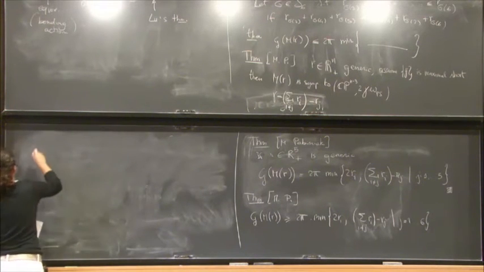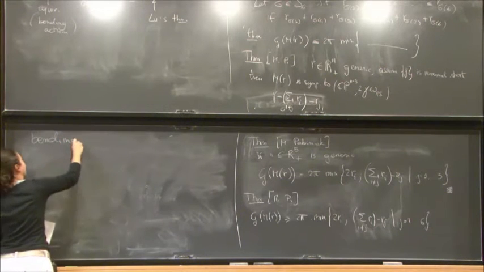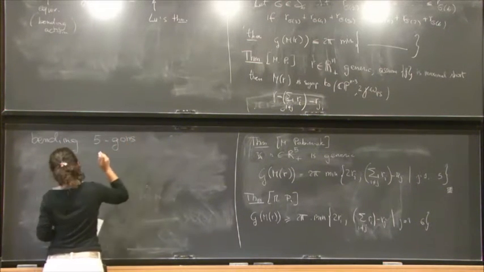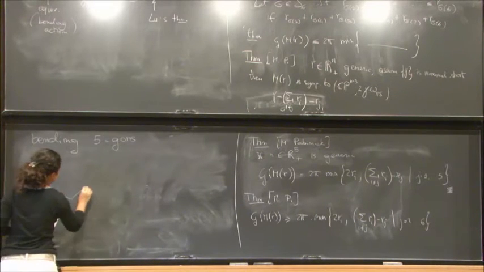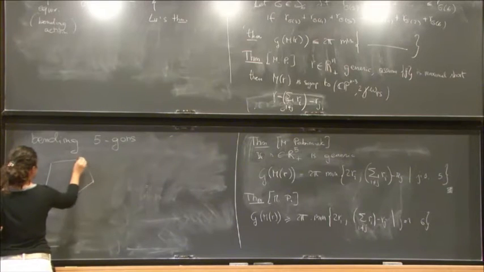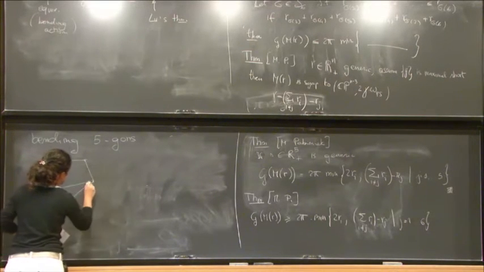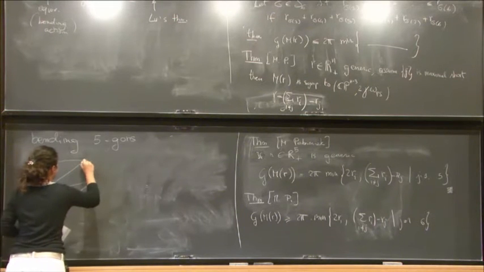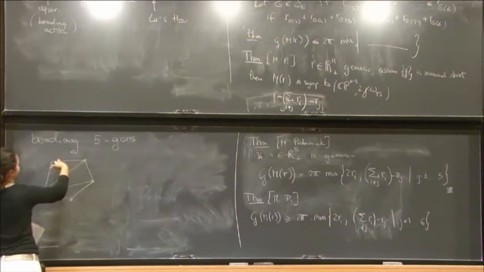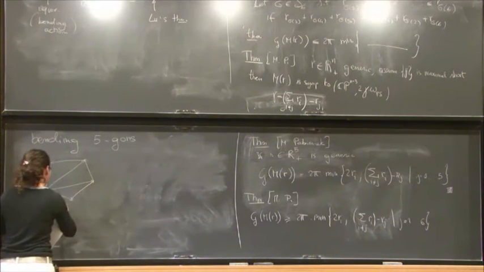So when we have the bending action for 5-gons, as I was saying before, following the question, when we have a 5-gon and we want to consider the bending action, it's enough to guarantee that R1 is different from R2 and R4 is different from R5 to have the action.